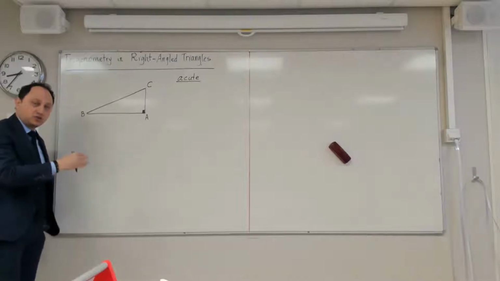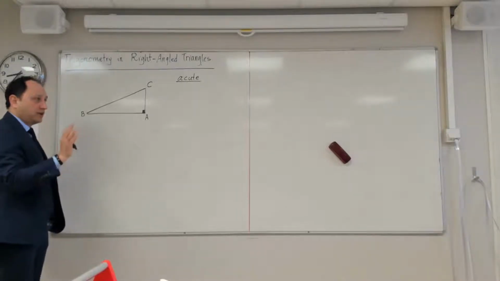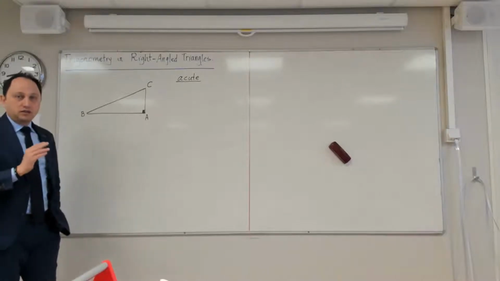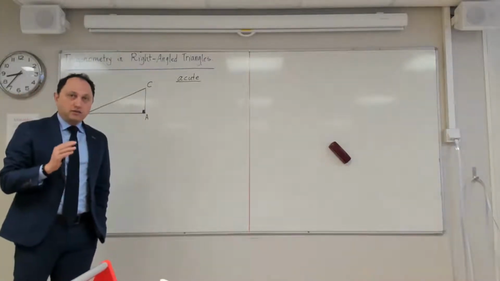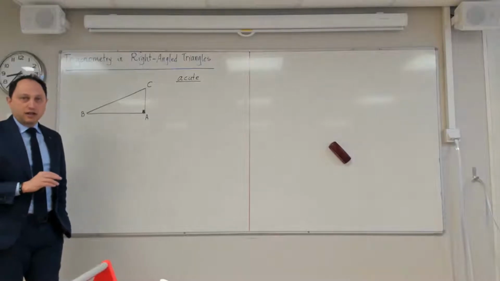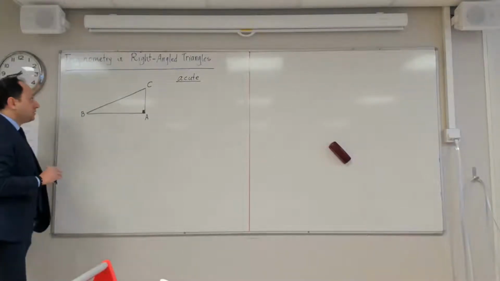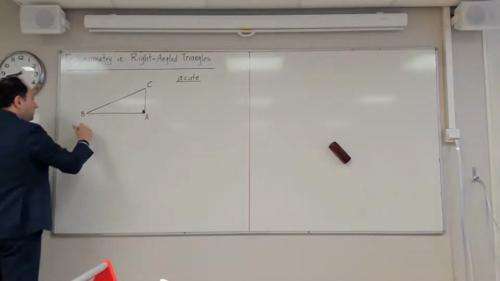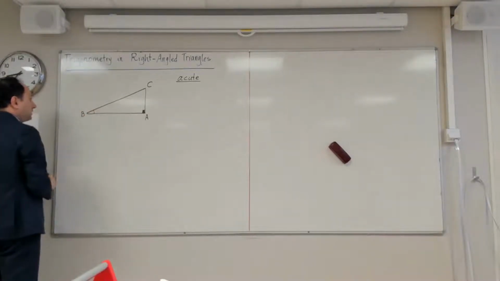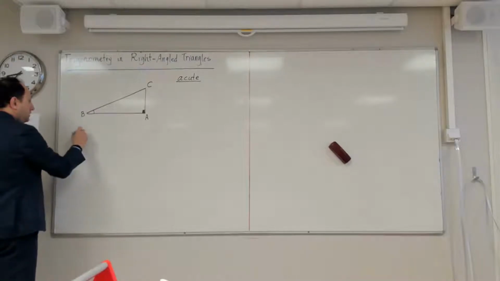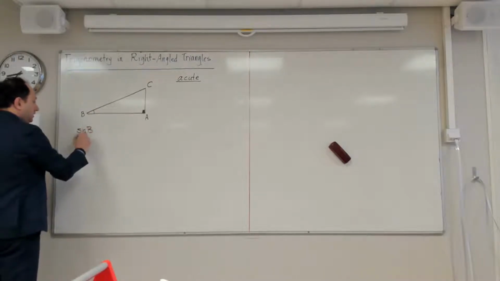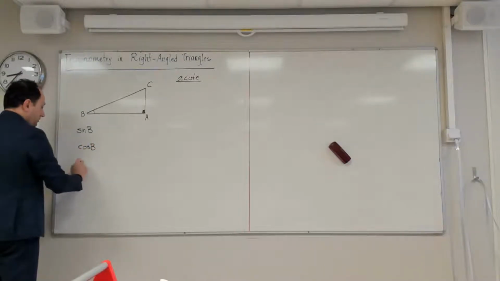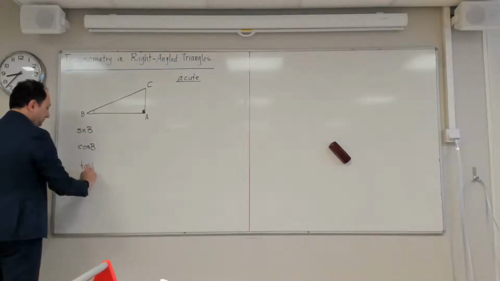We can also associate more numbers, but in the book we have only 3 numbers. One of them is called the sine of the angle, the other one is called the cosine of the angle, and the tangent of the angle. Okay, so if I consider this acute angle B, I can talk about sine of B, I can talk about cosine of B, and I can talk about tangent of B, yes?